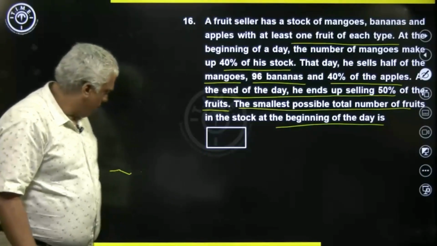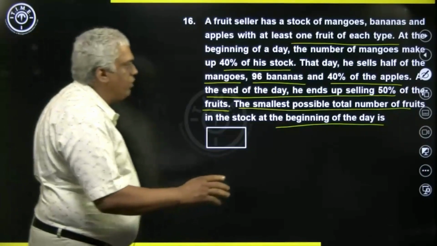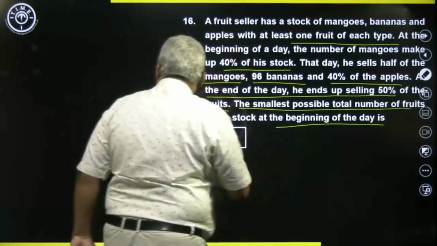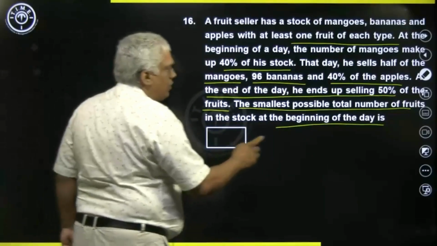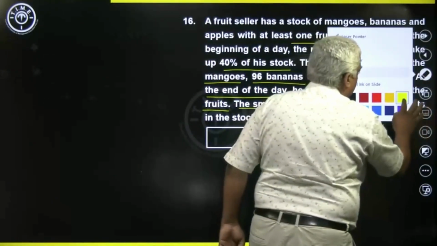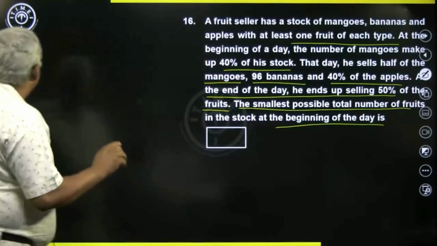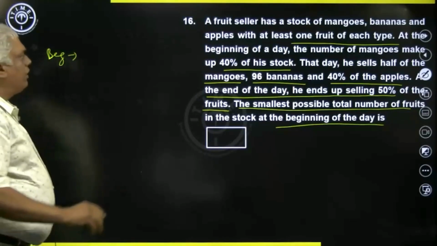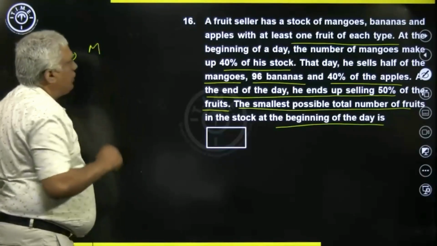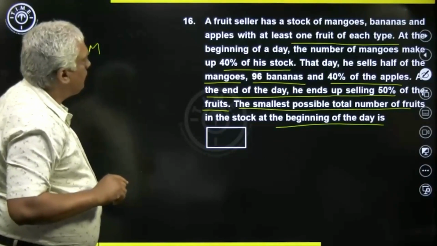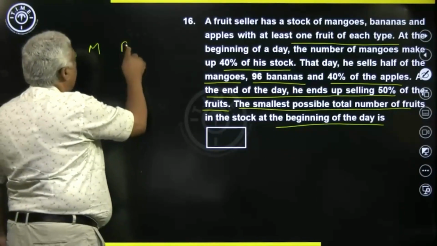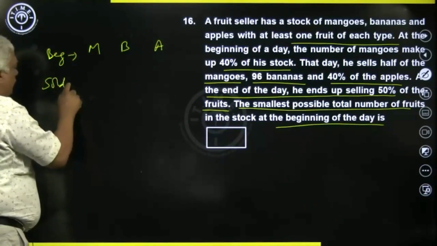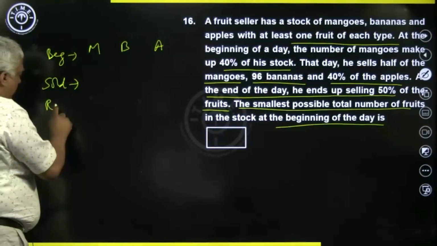So let's say in the beginning he had mangoes, then bananas and then apples, and then he sold some fruits, and then we got the remaining fruits.